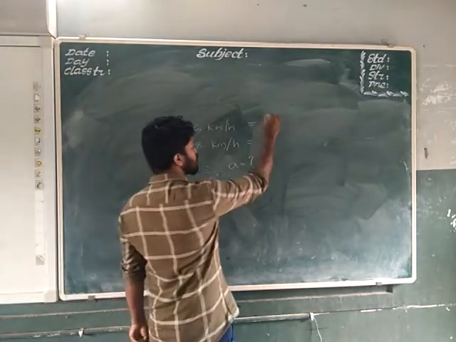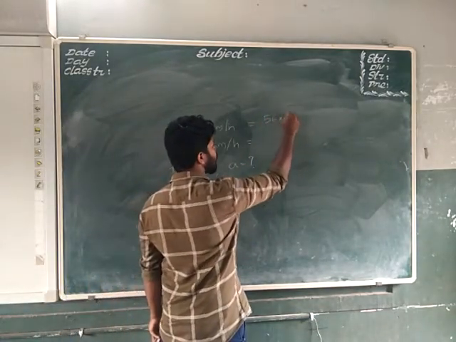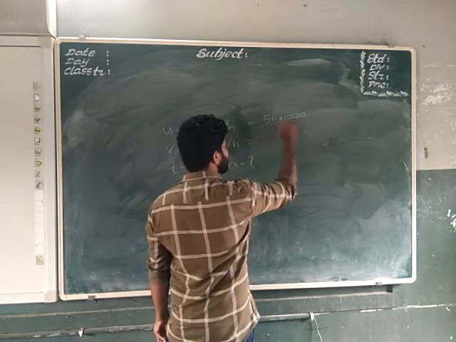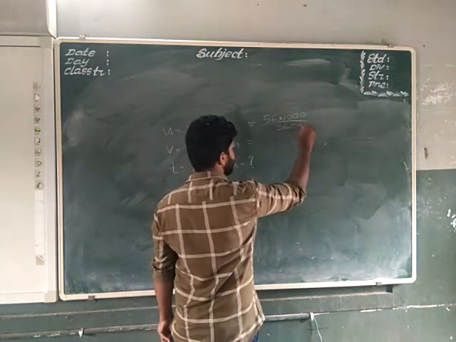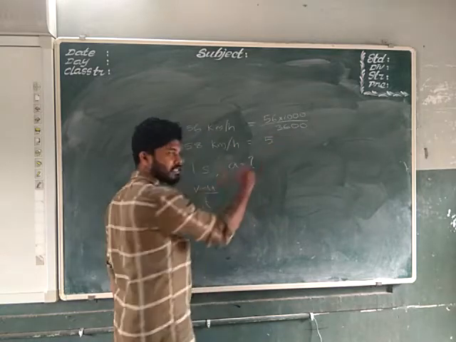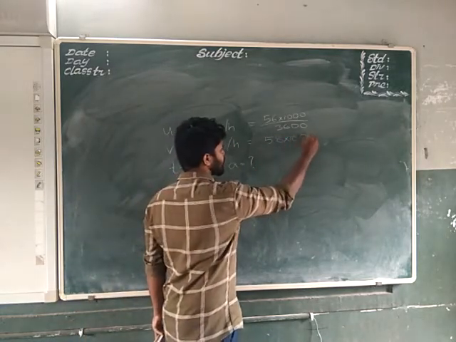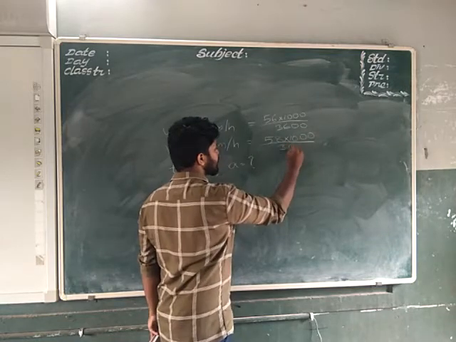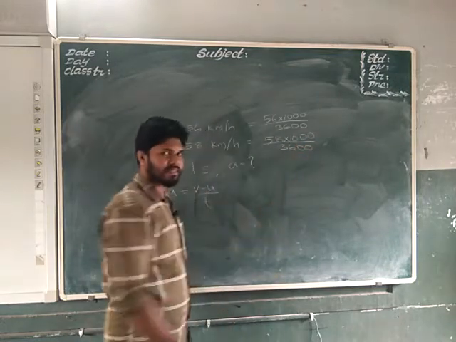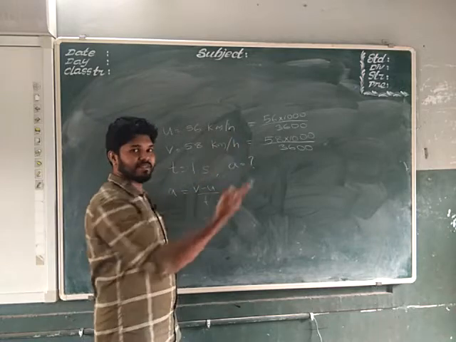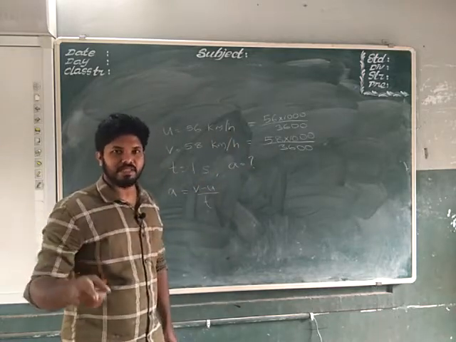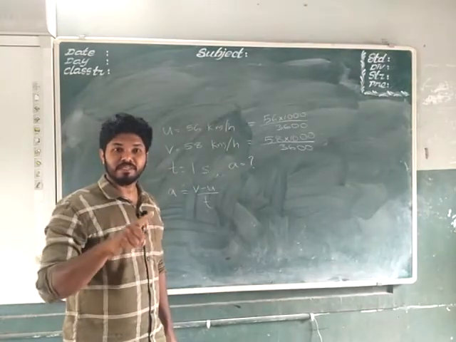How to change this? 56 into 1000 divided by 3600, and here 58 into 1000 divided by 3600. Why does this 3600 come? In order to change hour into second. 1 hour equals 60 minutes, and in each minute there are 60 seconds.